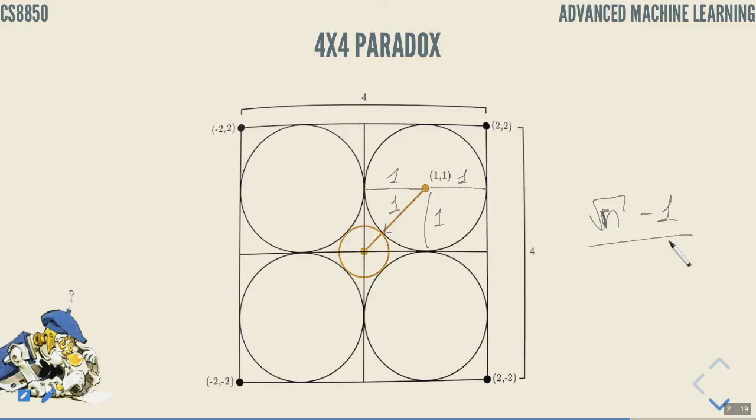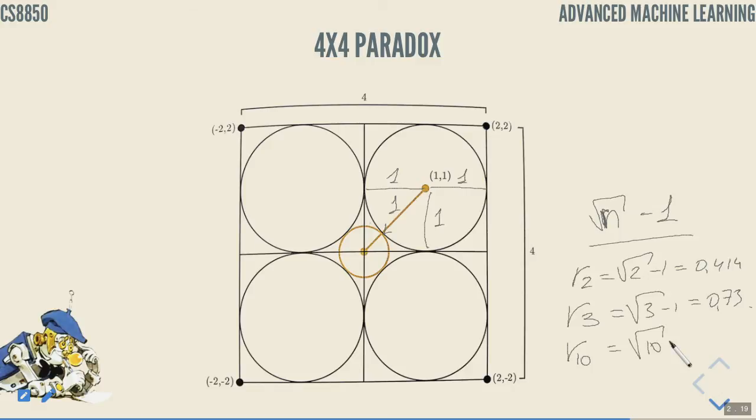But look what happens for dimension 2. R2 equals square root of 2 minus 1, which is 0.4 and so on. For 3, it's square root of 3 minus 1, which is 0.73, and so on. And what happens for dimension 10?